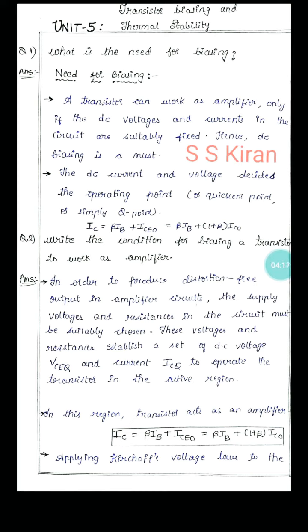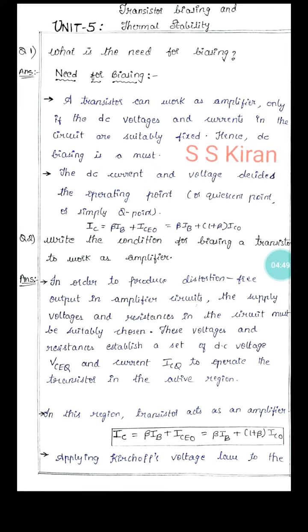You can vary input voltage and output voltage. The output DC voltage is VCEQ. Suitably chosen means you can adjust input side and output side, to operate the transistor in the active region. This is the first condition.